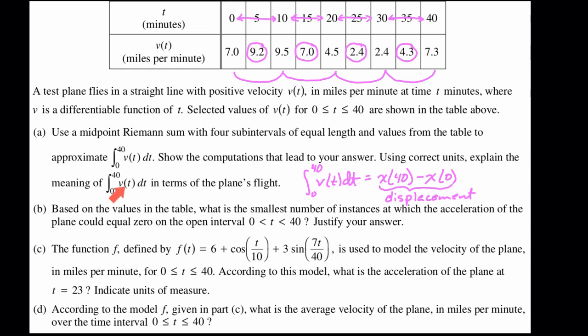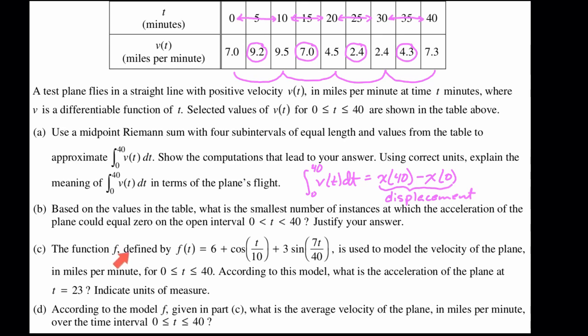You're going to the right. You're going in one direction only. If you're in a situation where your velocity could also be negative, then this would not give you the distance traveled. This would just give you your change in position. That's why we really prefer to say the integral of velocity gives you the change in position, not necessarily the distance traveled.